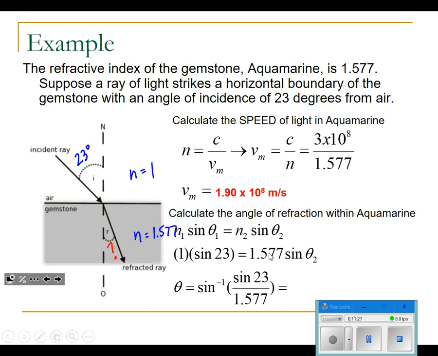And then I know my n2 is 1.577, and I'm looking for this theta 2. So then I will do my manipulation, take the sine of 23 divided by 1.577, and then do the inverse trig function to find the theta itself, and I should come up with 14.34 degrees.